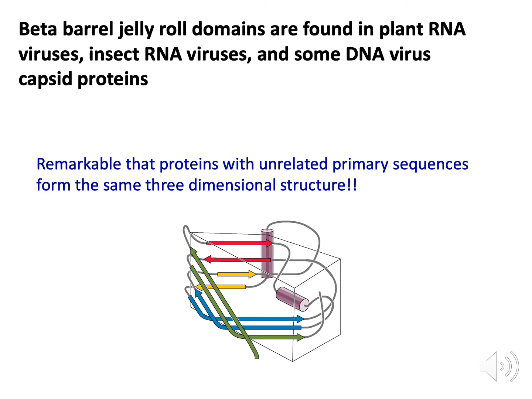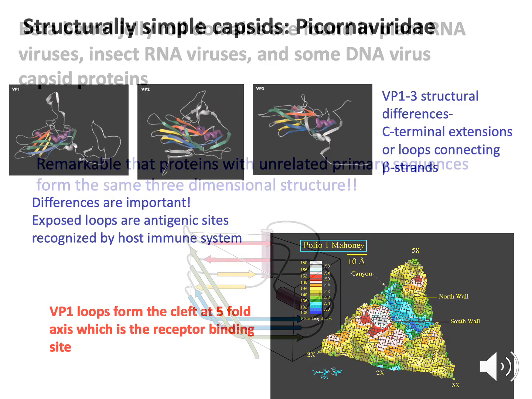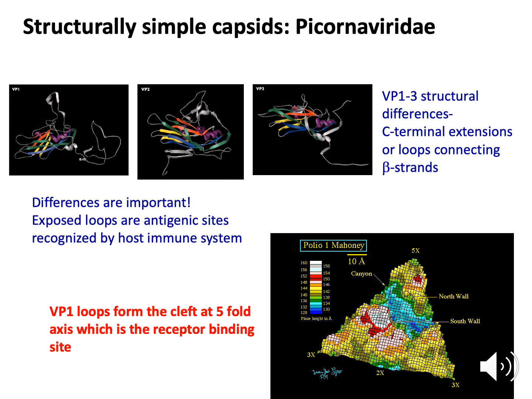So here are the ribbon diagrams of VP1, VP2, and VP3 across the top. And while they make that structure, the beta barrel jelly roll, their primary sequences are different, and they have loops between some of the folds that pack together to form that trapezoidal three-dimensional structure.